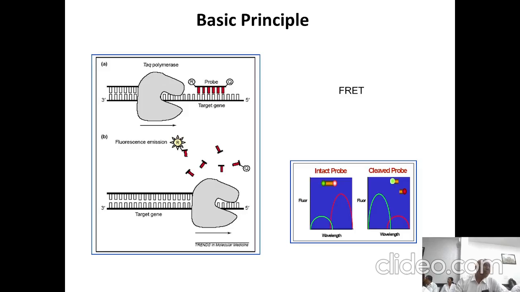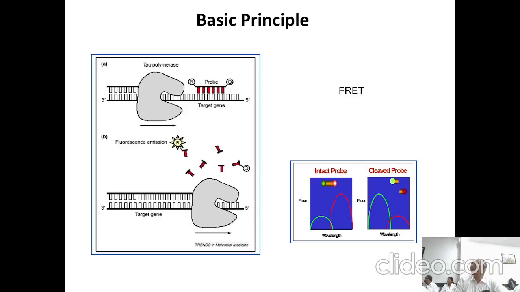Now, it's not simple PCR. It's a quantitative PCR. So what it does, you have a probe already attached here, which has a quencher and a reporter, Q and R. So if the quencher is attached to the reporter, that means the probe is intact, then there will not be any fluorescence.